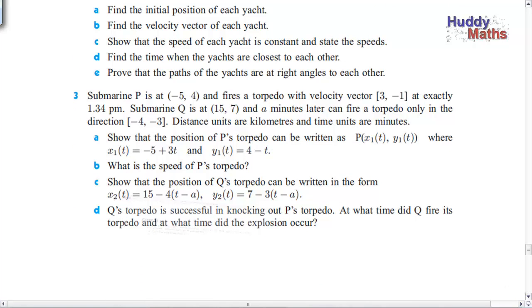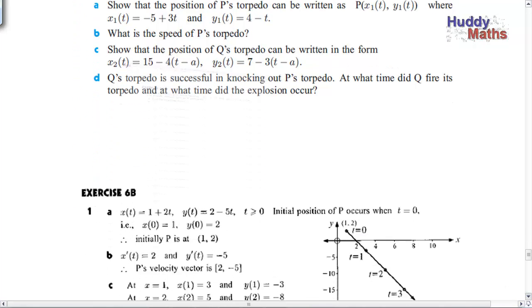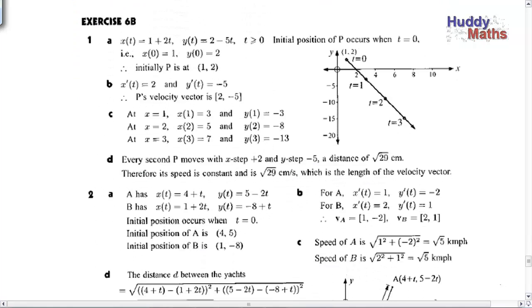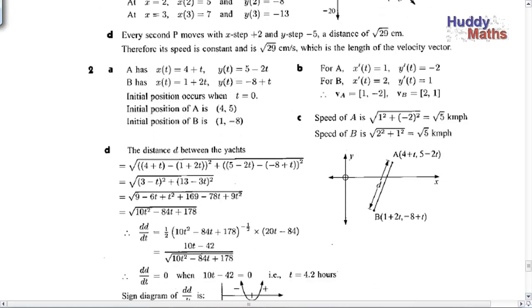All right, let's go and have a look at the answers. The most important thing here is to get your head around the idea of the dependence of x and y, in this case on 2D space, being related to another property of the system, in most of these cases now, time.